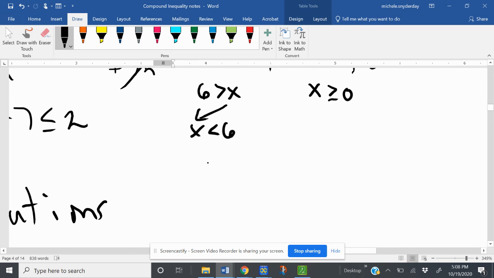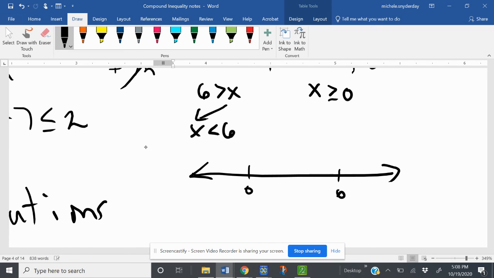So let's graph this and see what happens. Our most important points are 0 and 6. So we've got x is greater than or equal to 0, a solid dot going towards positive directions. And we have x is less than 6 going that way. And guess what? This is not a special case.